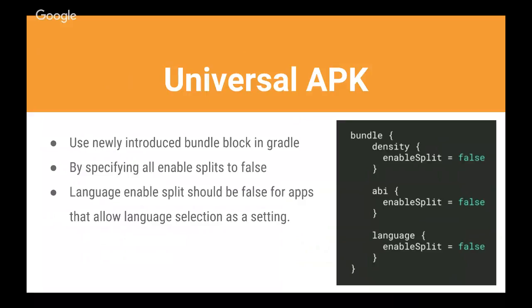Inside the Gradle file of your app, you can actually have a new bundle block, in which you can specify which types of splits you want to allow and which types you want to stop. By using the enable splits flag and keeping it as false or true, you would be able to tell Play that you need the application to be optimized for density, ABI, language, or any combination of these.